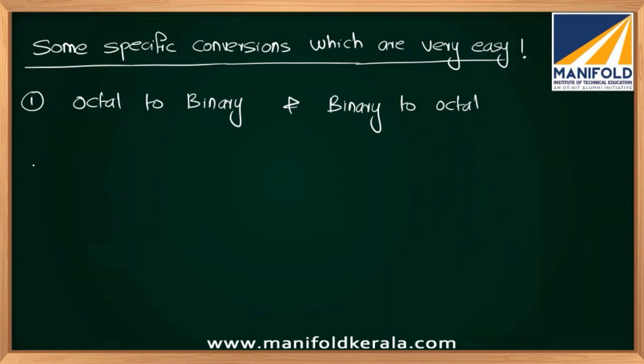Then the another one which is very easy is hexadecimal to binary, and similarly binary to hexadecimal. It need not be octal and hexadecimal, it can be any power of 2. But since octal and hexadecimal are the widely popularly used ones, we are only looking at these ones, right?